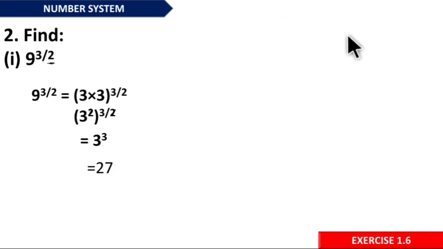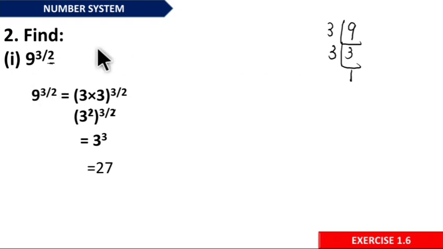Again I will do it here by the prime factorization method. 9 we can divide by 3. 3 threes are 9. Then 3 ones are 3. So multiplying 3 two times you get 9.